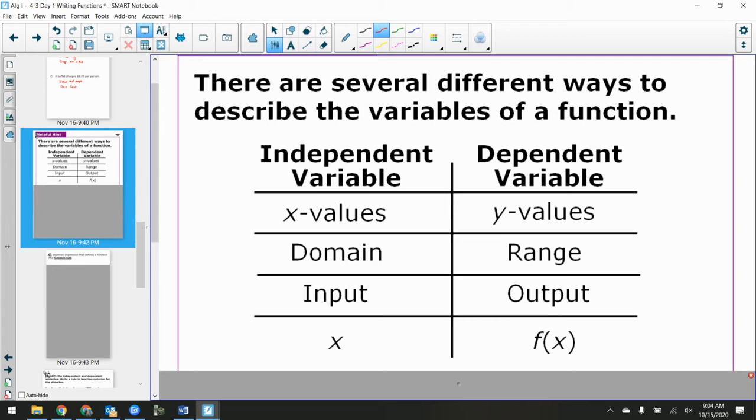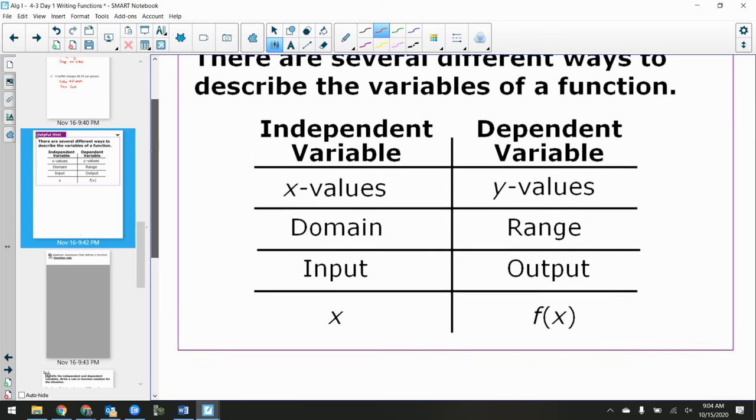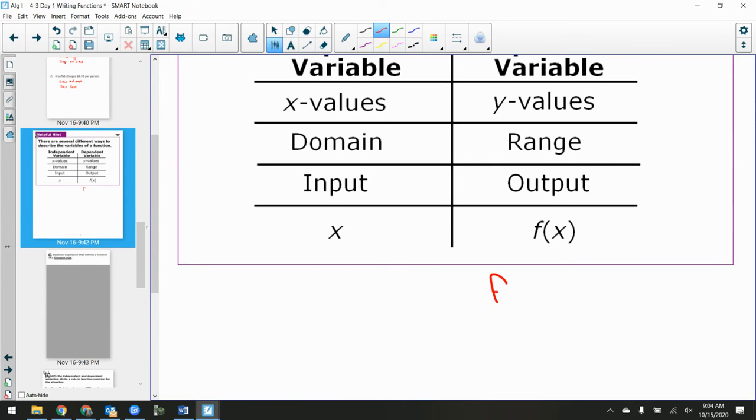That's how we read that. F of x. That is the function notation. It's saying the function f with the variable as x. Okay? That's if it meets all the requirements to be a function.